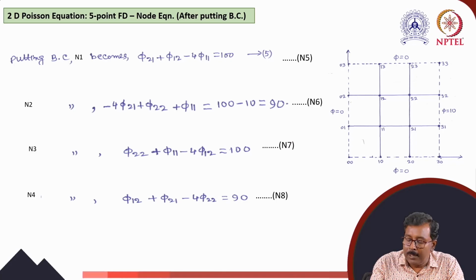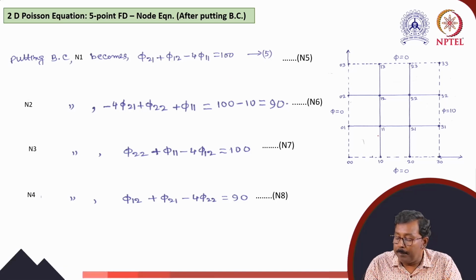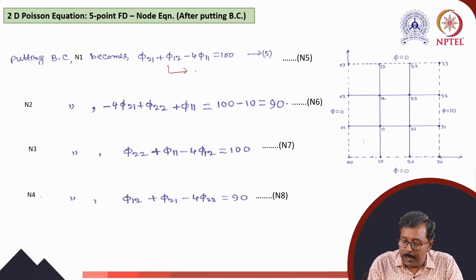If you remember, equation n5 is formed from the 5-point formula for node 1 1. So this equation is basically for node 1 1.